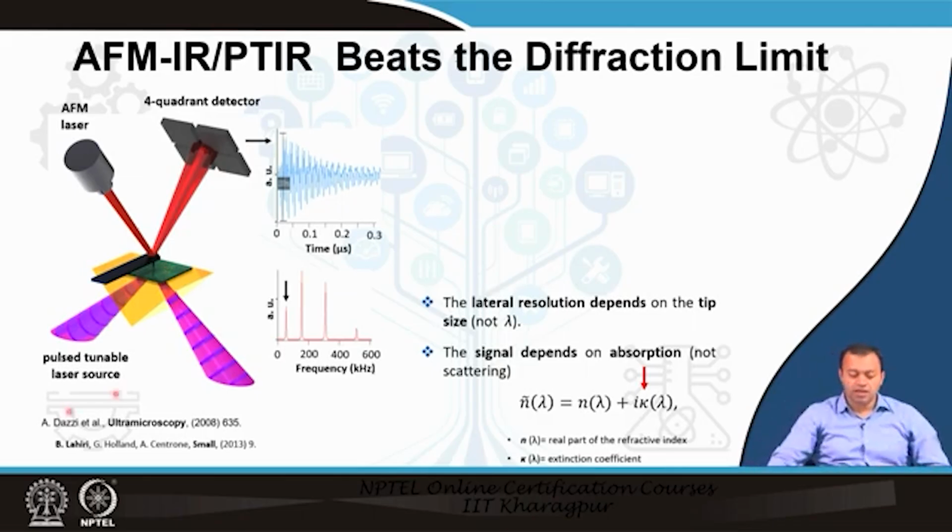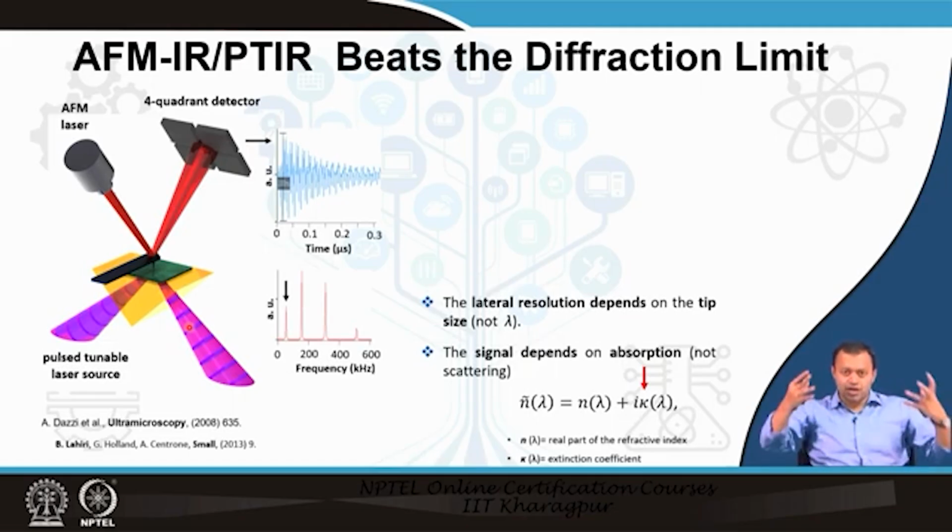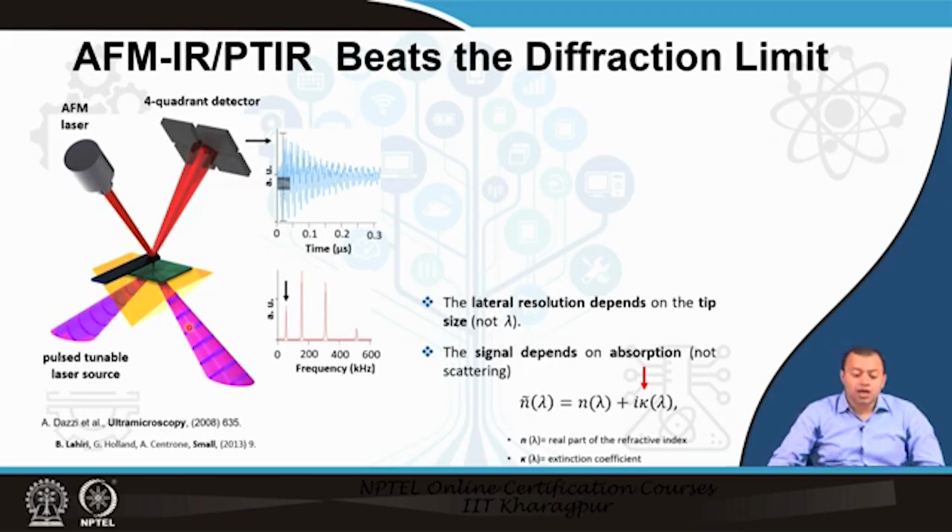But remember, this pulse is not continuous, it is a pulse. So, the cantilever will get a sudden jerk up because the sample material beneath it has absorbed the light, swelled up and kicked the cantilever up, but the pulse is immediately gone. It is there for a few nanoseconds.